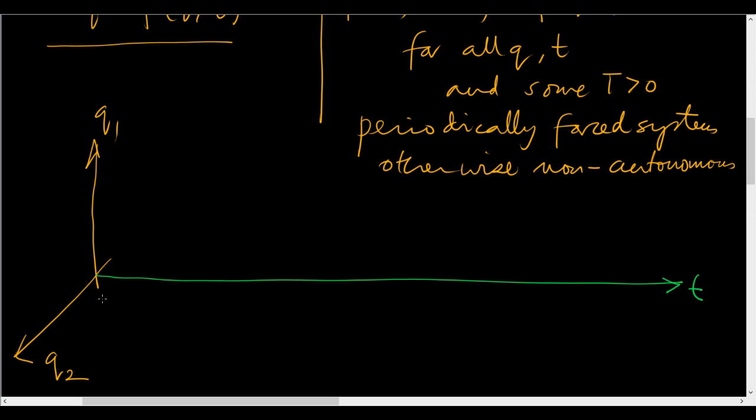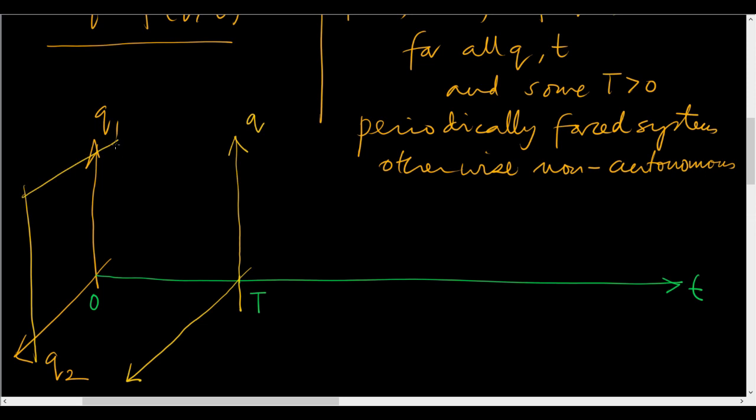Let us say time starts at 0, and over here we have time capital T. So I can draw another Q1 axis and a Q2 axis here, and I'll ask you to think of this plane here as the Q plane at time t.